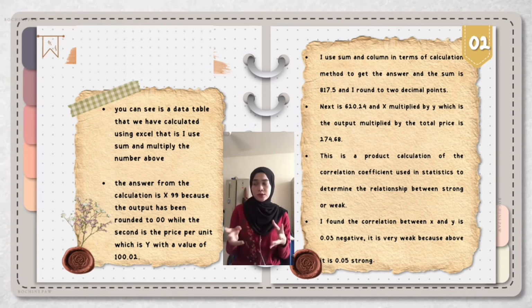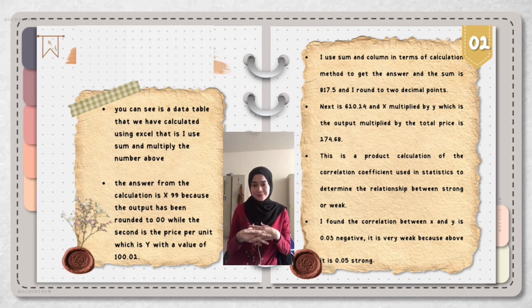We also use the circular method to get the answer of X. After that, for the S, I use sum and columns as the calculation method to get the answer, and the sum is 817.5, and I round it to 2 decimal points.